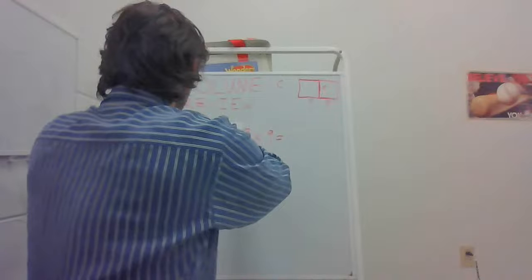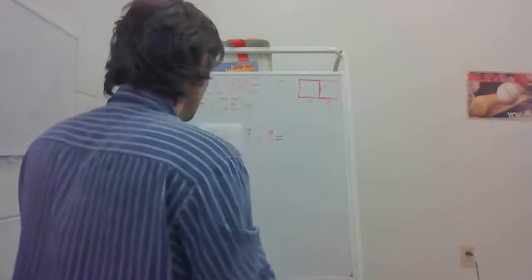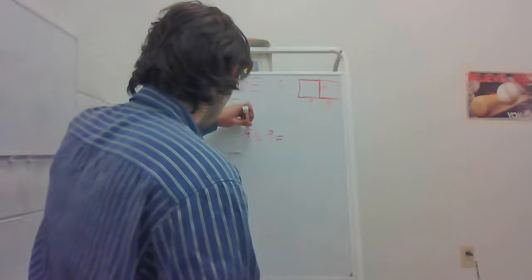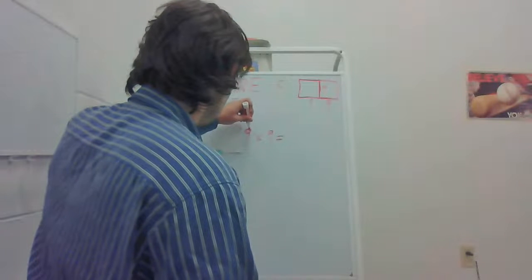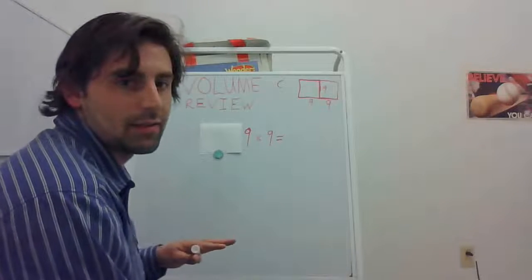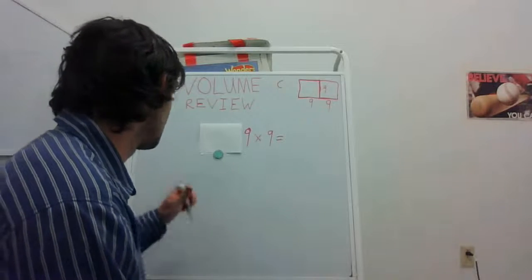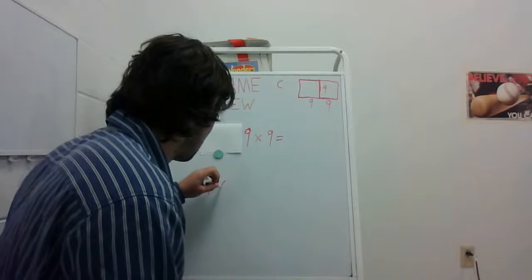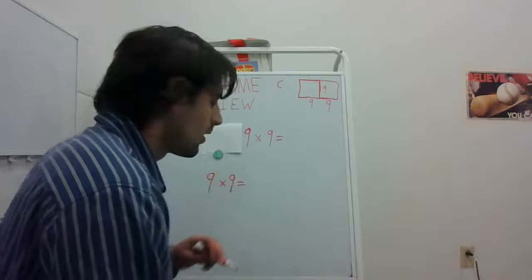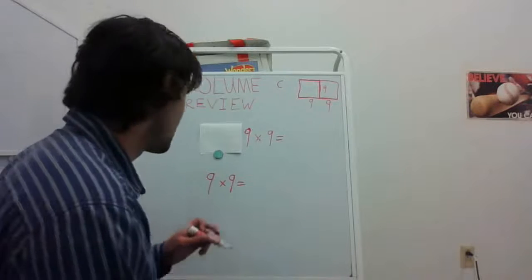Again, remember, it doesn't matter which digit you leave out and which digit you start with, but we're just going to focus on 9 times 9 right now. Whatever the other digit is, we're going to act like it's not even there. We're just going to focus on the simple multiplication problem, 9 times 9. Okay, 9 times 9 equals 81.